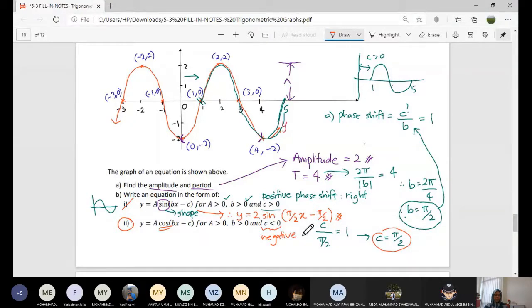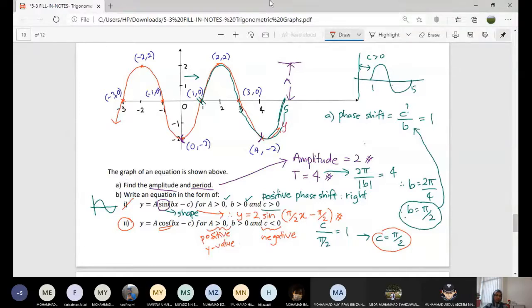When the phase shift is negative, then you have to detect the graph which gives you the cosine. Negative phase shift means that your graph will be shifted to the left, and your A is positive, B is positive. A positive means that it starts from positive region. Whenever your A is positive, it starts from positive region or positive y value.